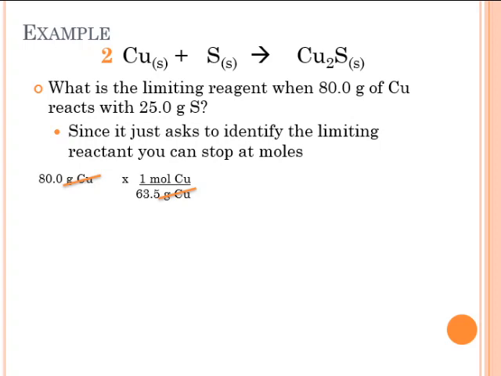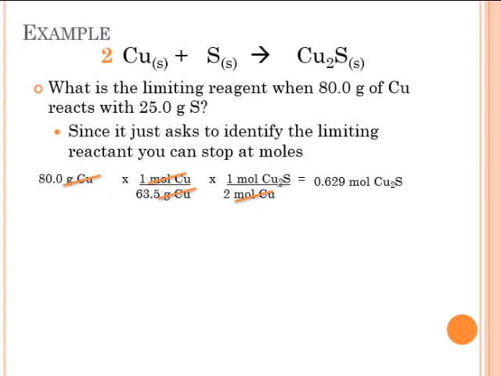Then we need to use our mole ratio from our balanced equation. And it's 2 moles of copper to 1 mole of copper sulfide. Our moles of copper will cancel to leave moles of copper sulfide. And you divide by anything on the bottom, multiply by anything on the top, and you'll get 0.629 moles of copper sulfide. That is for copper.